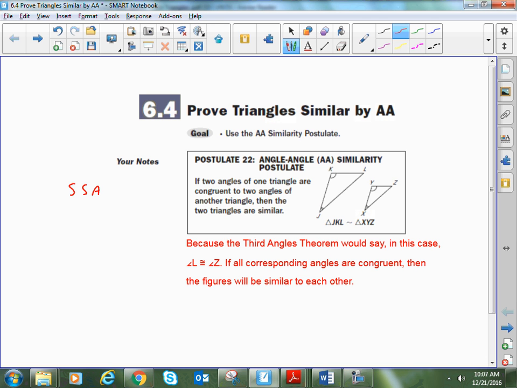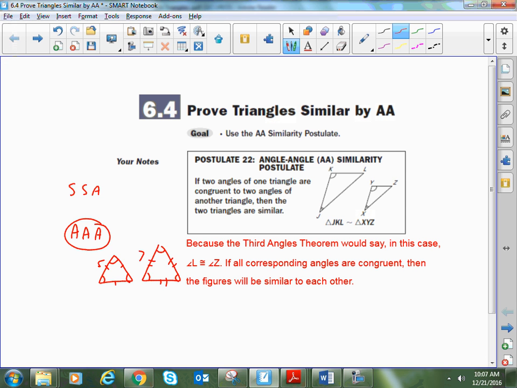But the other combination of parts that we said didn't work was angle-angle-angle. The reason we said it doesn't show congruency, it shows similarity, is that I could have an equilateral triangle where this side is 5 and all of the angles are the same, and I could have another one where this side is 7, but all of these angles are still the same, because in every equilateral triangle all the angles are always 60 degrees.